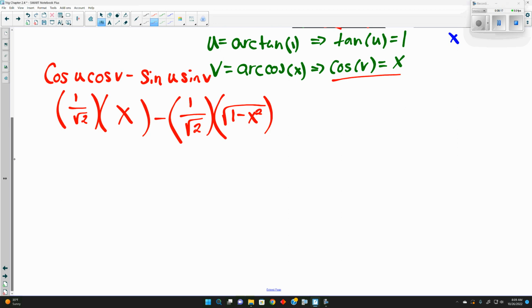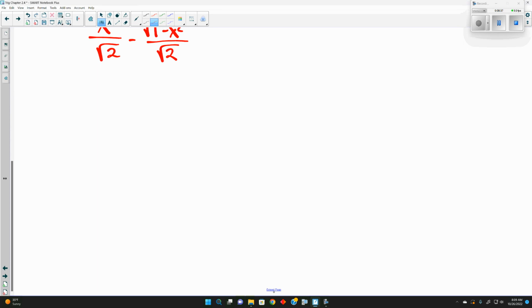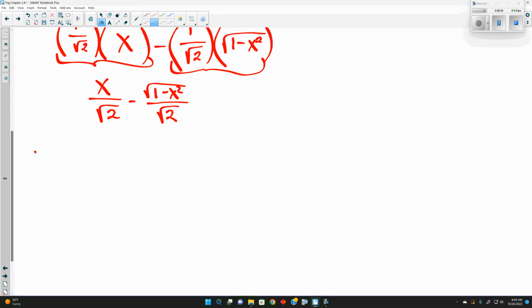Now we can multiply these together. Here and here would be x over the square root of 2 minus. Our ones here are going to be the square root of 1 minus x squared over the square root of 2. Since the denominators are the same, we can subtract the numerators.